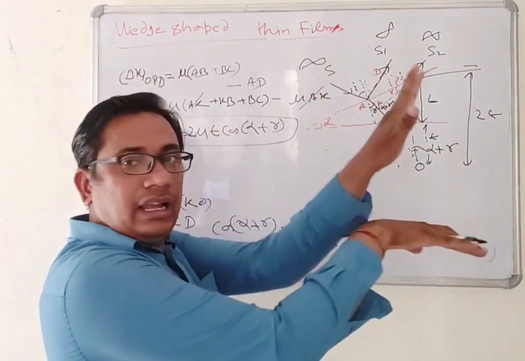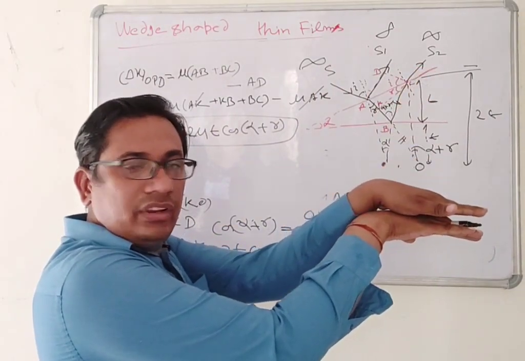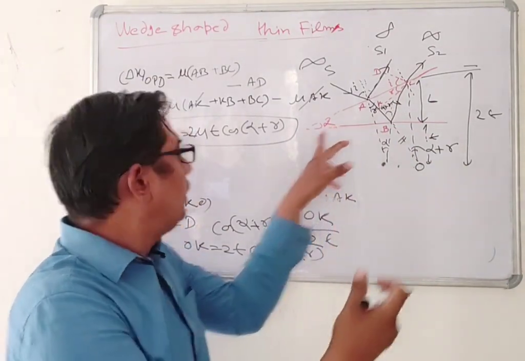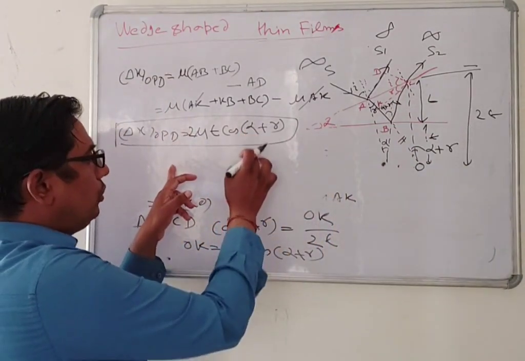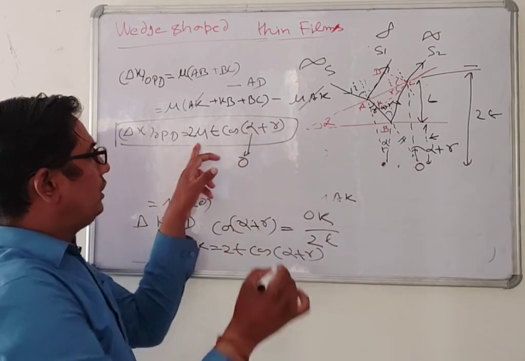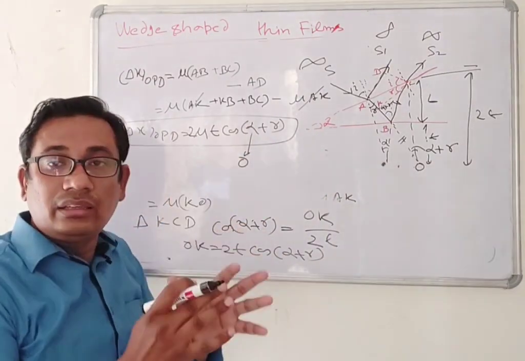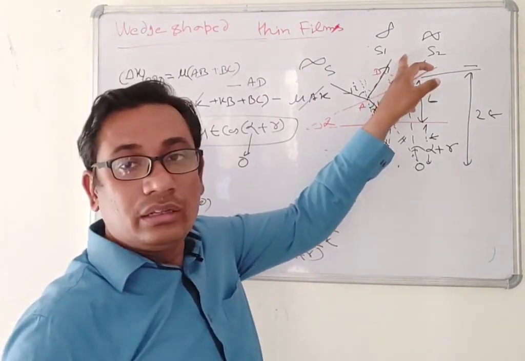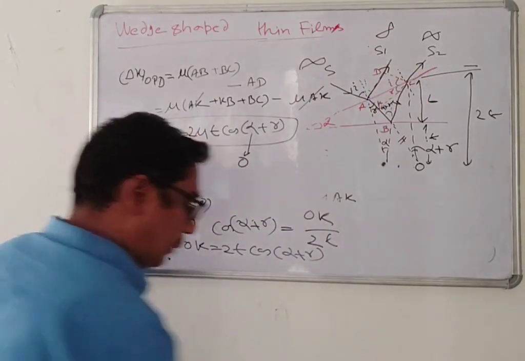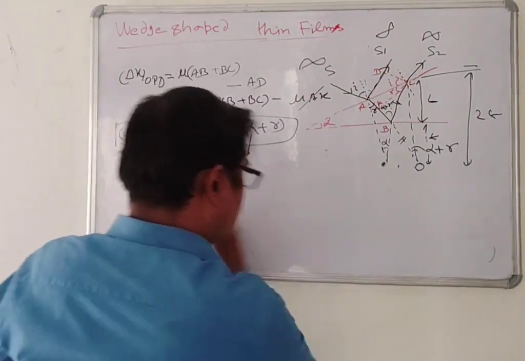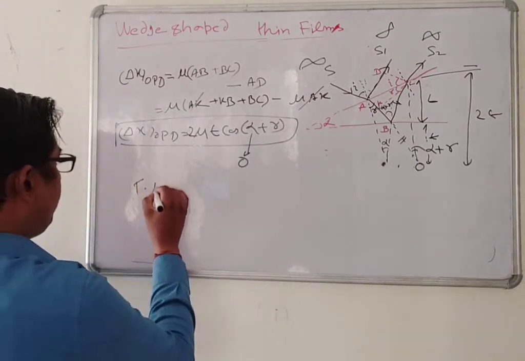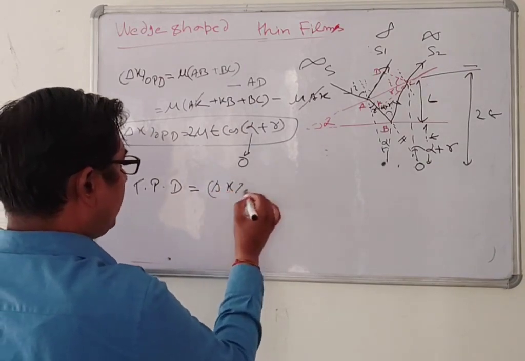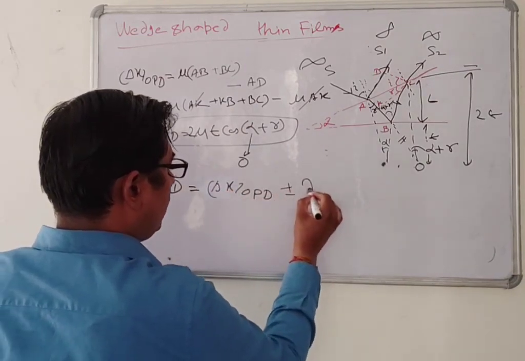When you make it a parallel thin film, what will happen? Alpha goes down, and you can neglect the value of alpha, so it goes to 0, and you will see the path difference is just like in the case of the parallel thin film. Here the phase will also change, so we use the total path difference. The total path difference is equal to this optical path difference plus or minus lambda by 2.